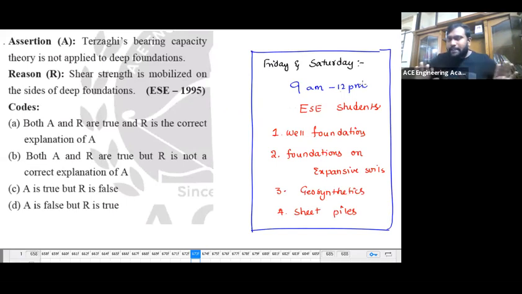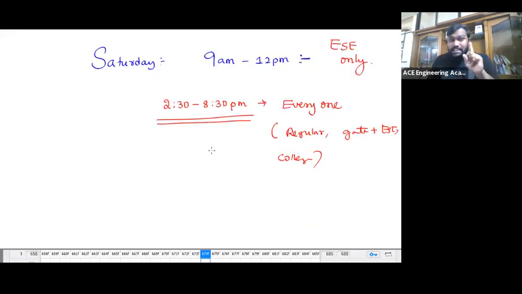So by Saturday afternoon, we will be left with only one chapter, soil exploration, which we'll complete from 2:30 to 5 o'clock.